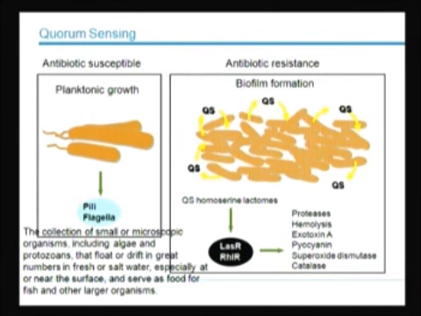So this is the biofilm, which is really defending the number of bacteria around it. This biofilm formation is also sensed or excited by what is released, such as homoserine, proteases, exotoxin, pyocyanin.